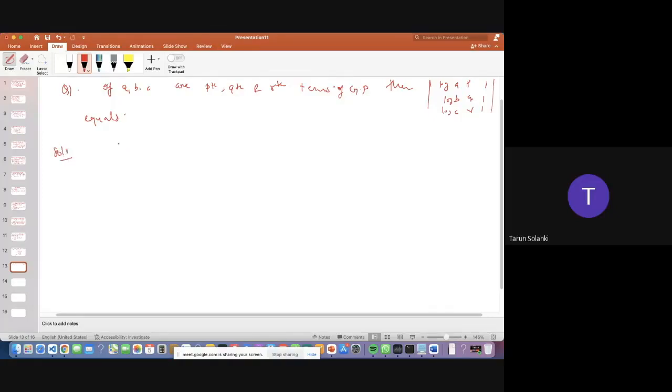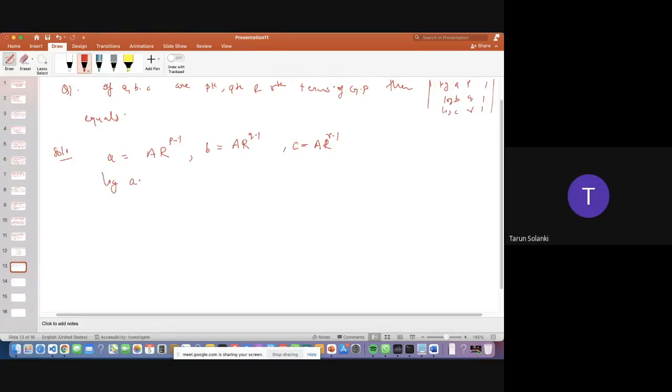Solving this, let capital A be the first term and capital R be the common ratio of the GP. So a equals A R to the power p minus 1, b equals A R to the power q minus 1, c equals A R to the power r minus 1.